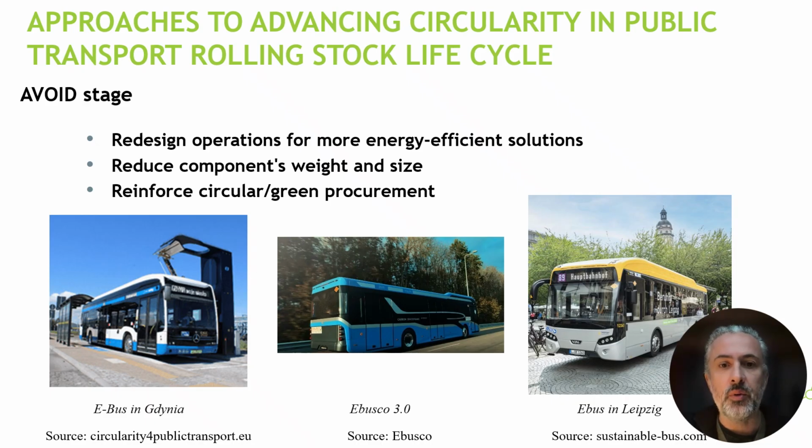To reduce components' weight and size, fundamental is the use of lightweight composite materials. To reinforce circular green procurement, you can follow the establishing of quality requirements for e-buses as done in the city of Leipzig.